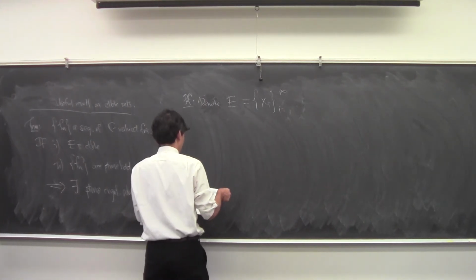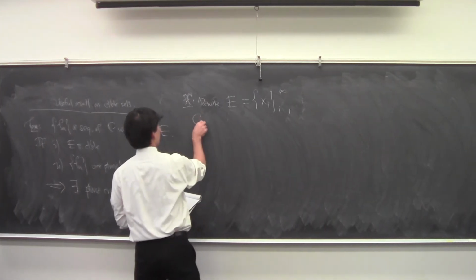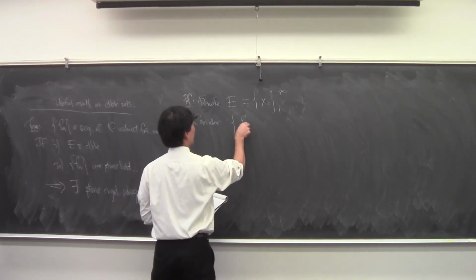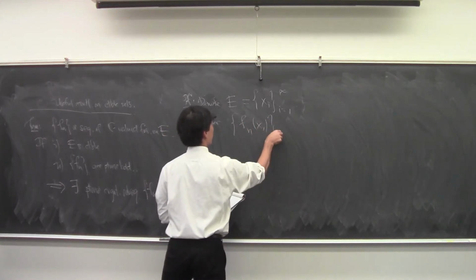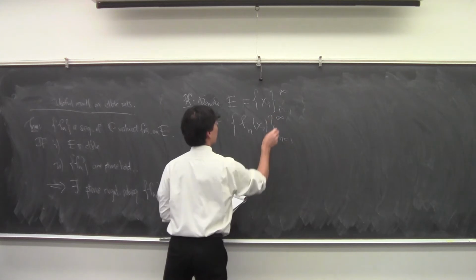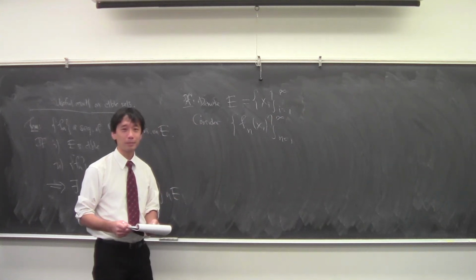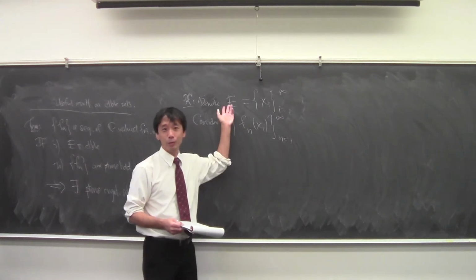And we say, okay, let's look at the values of Fn on the first point, n from 1 to infinity. This is sort of like pretending that our set consists of only one point.